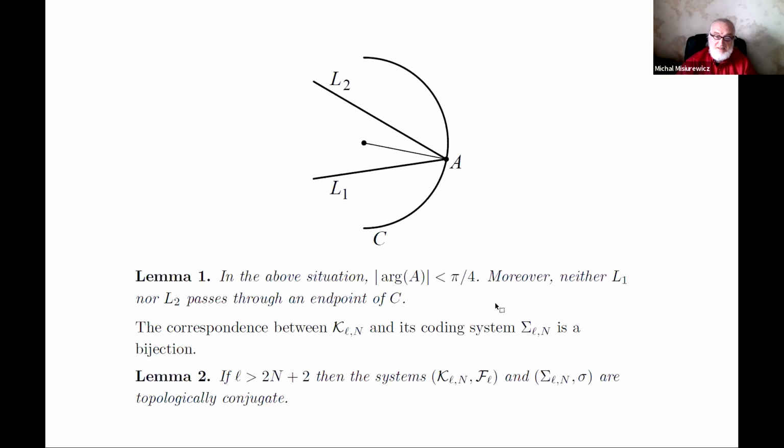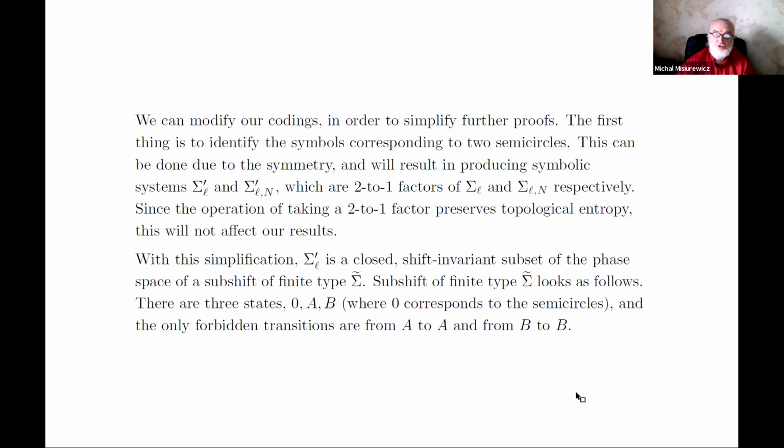And then the next lemma is that, again, if L is sufficiently large, then those systems, KLN with a billiard map and sigma Ln with a shift, are topologically conjugate. Oh, that's kind of easy to prove.